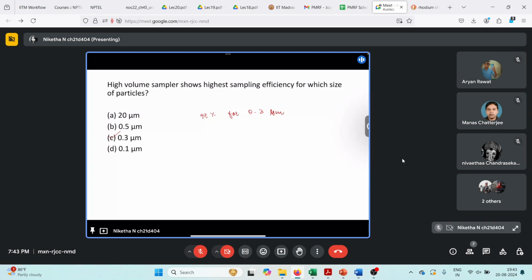High volume sampler can be used for measuring particles in the range of 0.1 to 20 micrometer, and it has the highest efficiency of 99% for 0.3 micrometer particles.